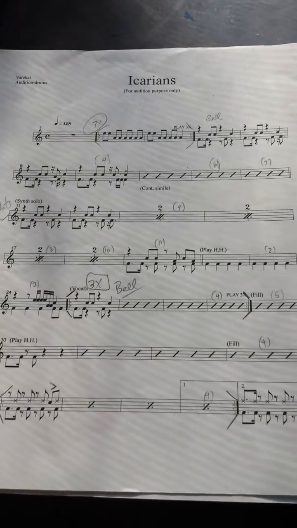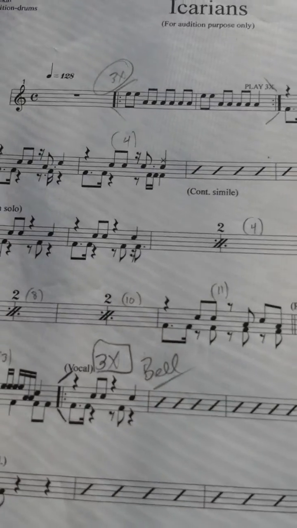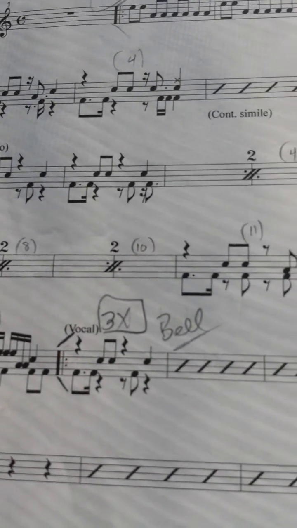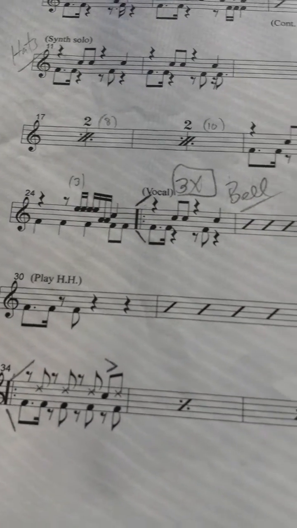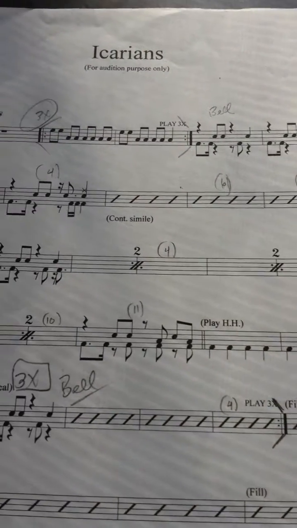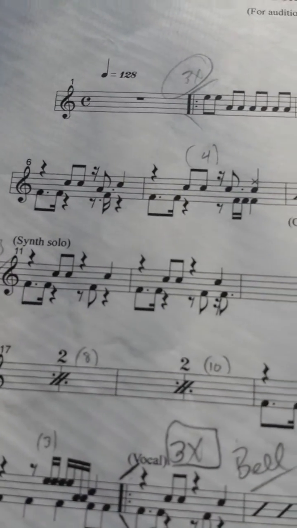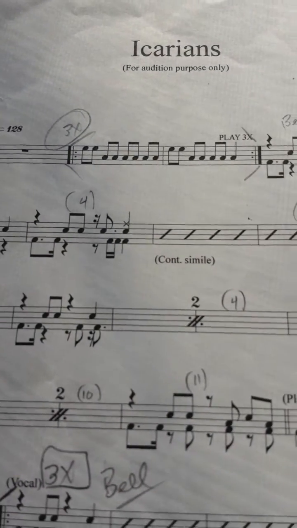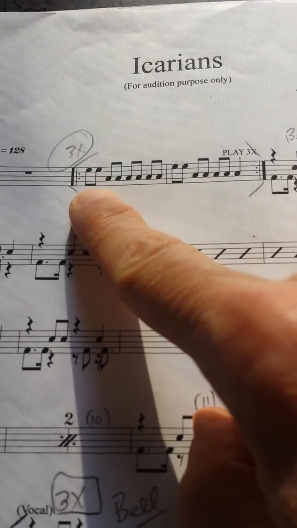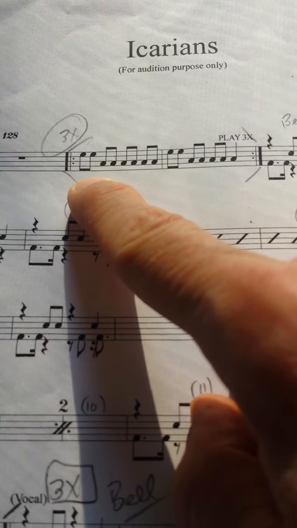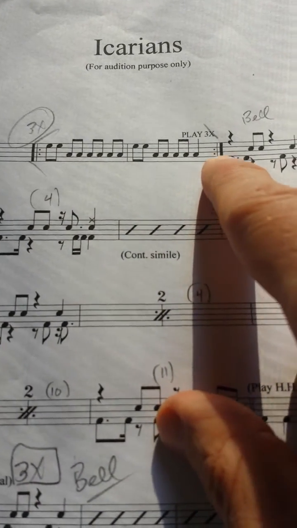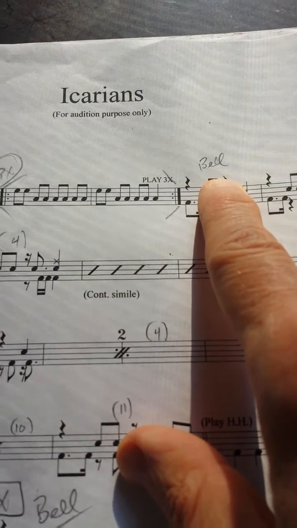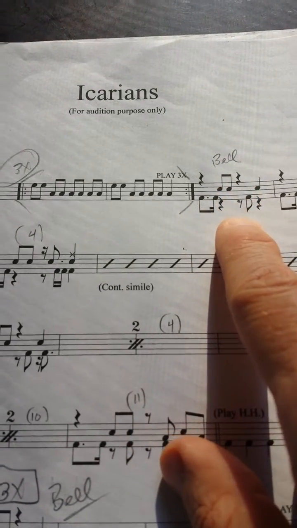So this first one, let me zoom in a little bit closer here. As you can see, there's actual real drum notation on here, right? So naturally, with proper drum notation, there's a little bit less to write out. What I have written out here are things like how many times to repeat a certain set of measures in repeat brackets. I've written a little note to play the bell for the ride portion of this.